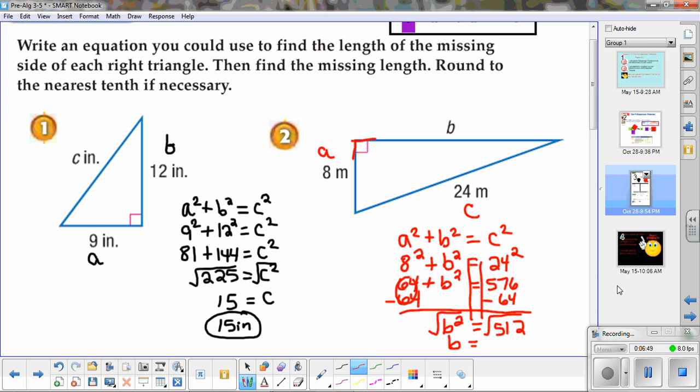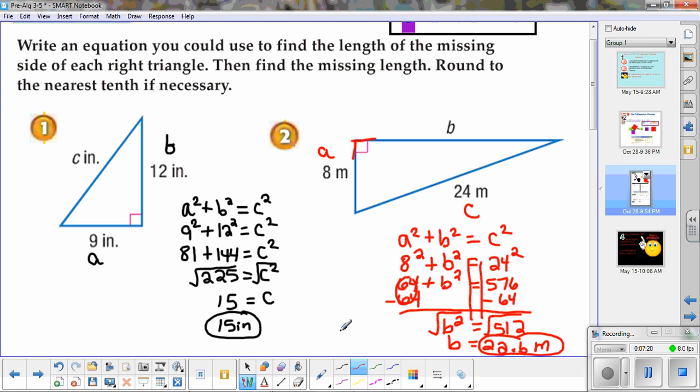Square root of 512 is 22.627417. So I'm going to go ahead and round that to the nearest tenth. 22.62 is going to be 22.6 to the nearest tenth, and this is going to be in meters. 22.6 meters.